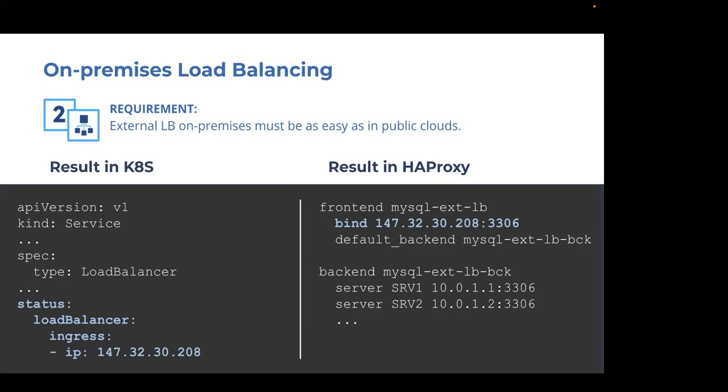It's going to be bound to that specific IP address, and it's going to be routing my traffic to a backend with all of the servers. The servers will be the pods or the nodes that could be chosen by you of that specific service that we're load balancing. Just like in a public cloud. This is how easy it should be.